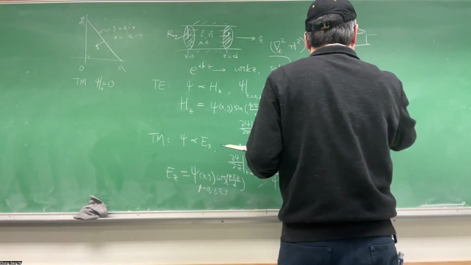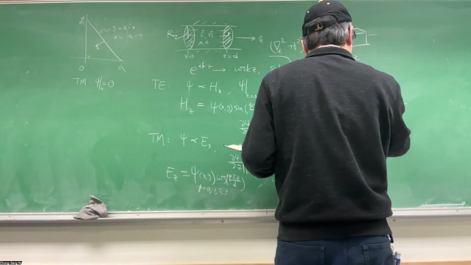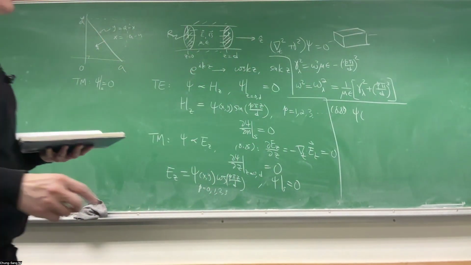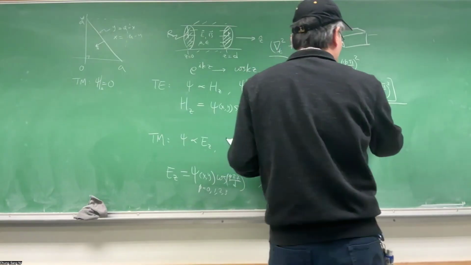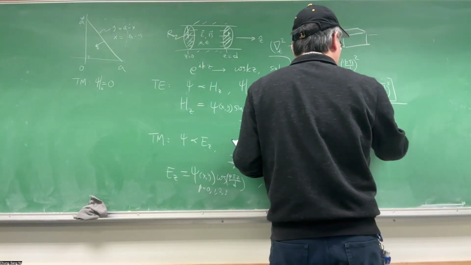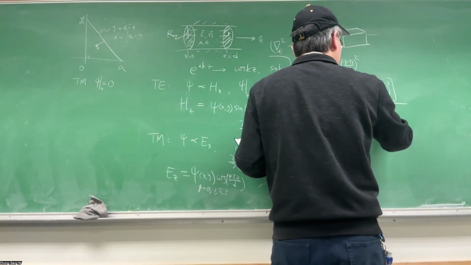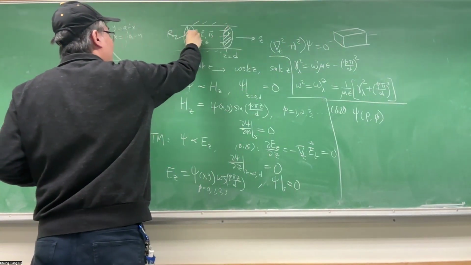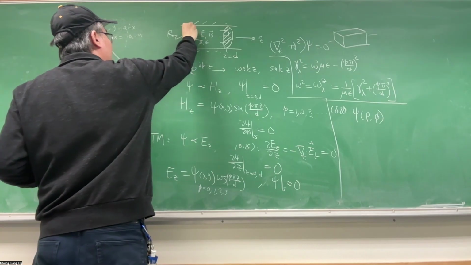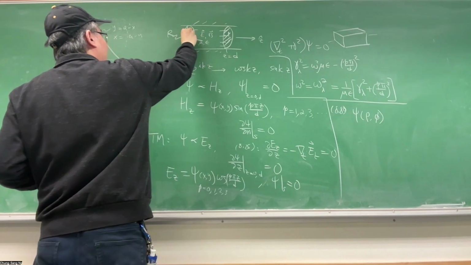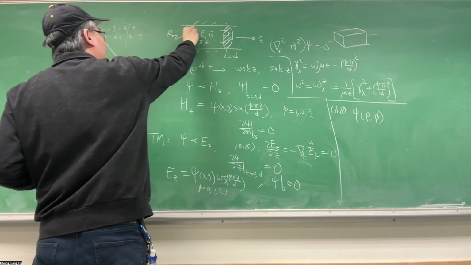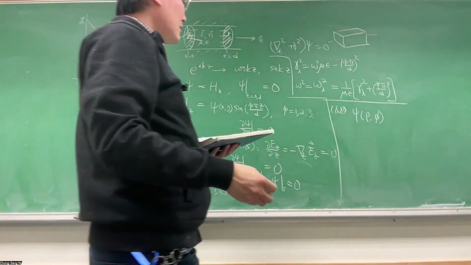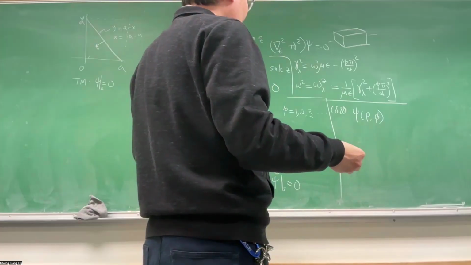In this case, psi depends on x and y, but then we can change it to polar coordinates, so it becomes the radial coordinate, and then as you move the angle from the x-axis. We have already solved that before.